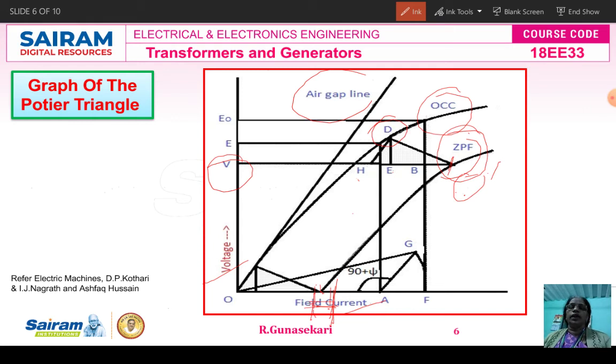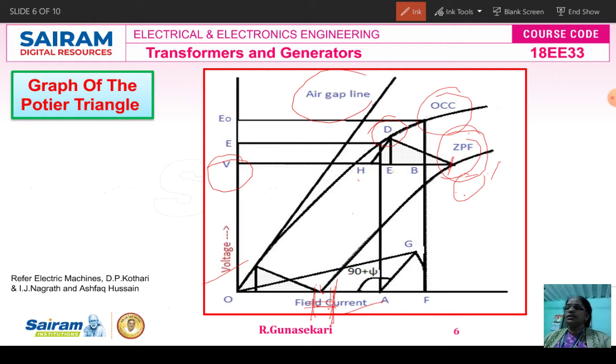Then O dash E gives the field current required to balance the demagnetizing effect of armature reaction, and EH is for balancing the armature leakage reactance drop DE.